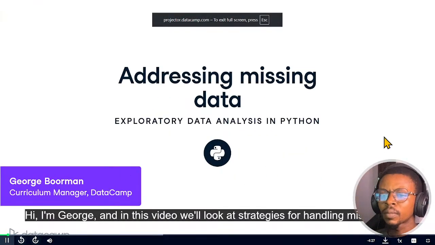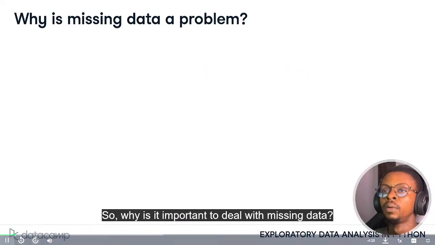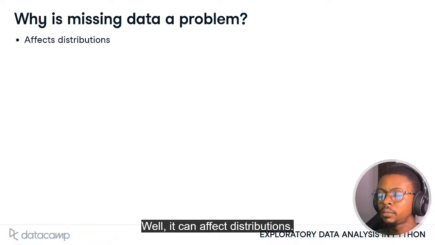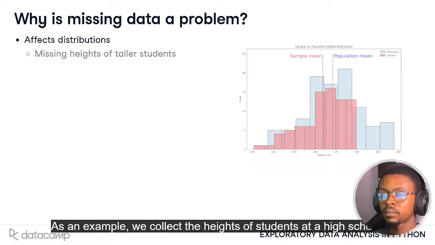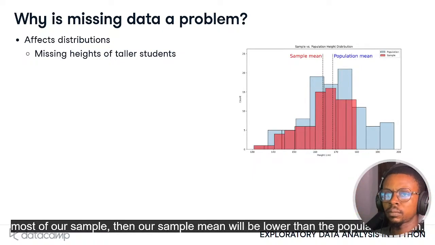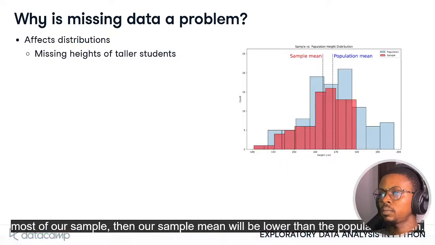We'll look at strategies for handling missing data. Why is it important to deal with missing data? Well, it can affect distributions. As an example, we collect the heights of students at a high school. If we fail to collect the heights of the older students, who were taller than most of our sample, then our sample mean will be lower than the population mean.